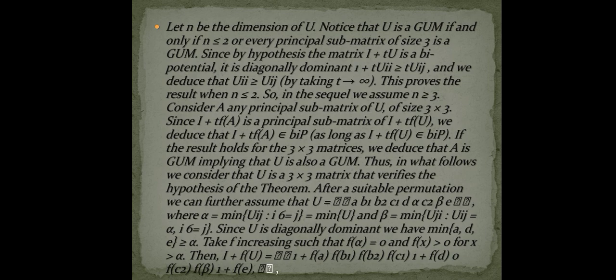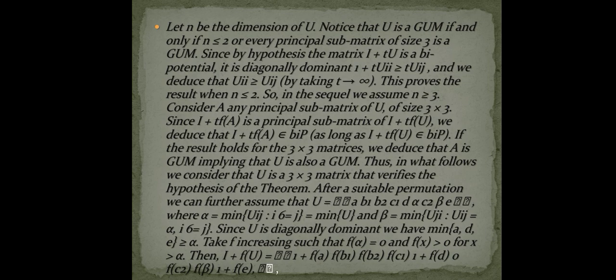After a suitable permutation, we can further assume that U equals the matrix with rows A, B1, B2; C1, D, C2; and so on, where alpha equals the minimum of U ij, i not equal to j.